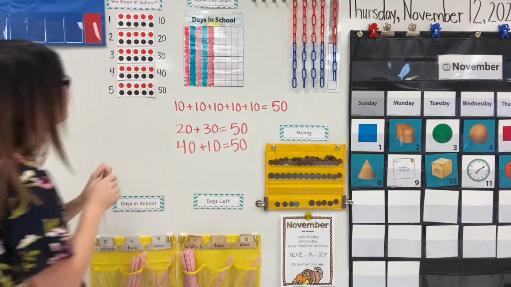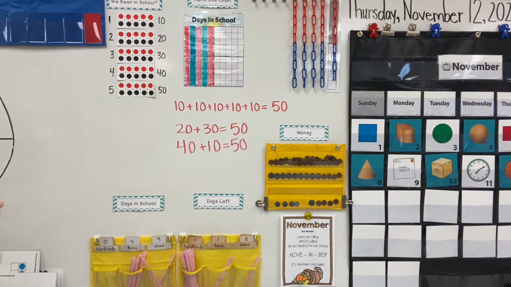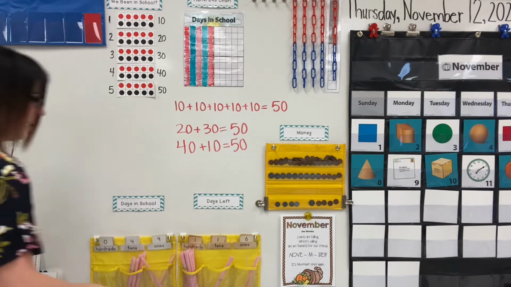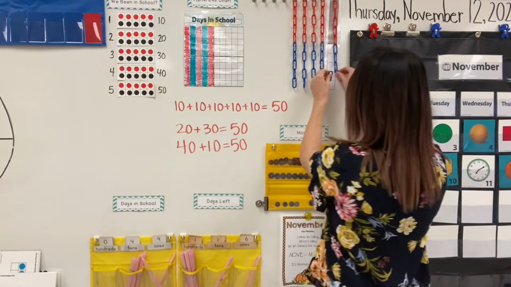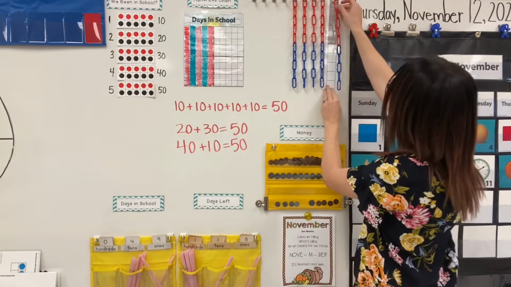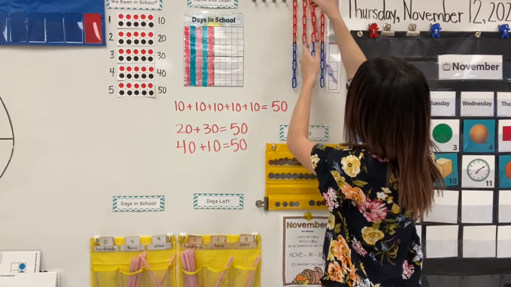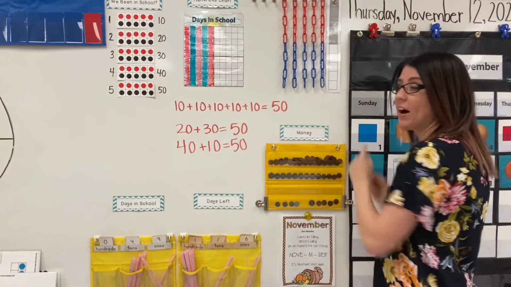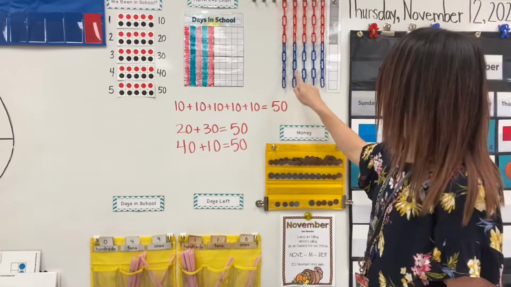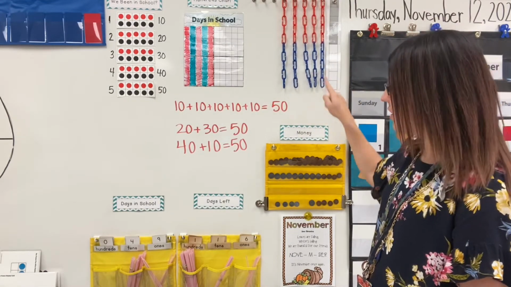We have 50 all together. And let's go ahead and add a chain link. And, oh look, we made another 10, so I'm gonna move it over here with the other 10s. We now have 1, 2, 3, 4, 5 groups of 10. 10, 20, 30, 40, 50.